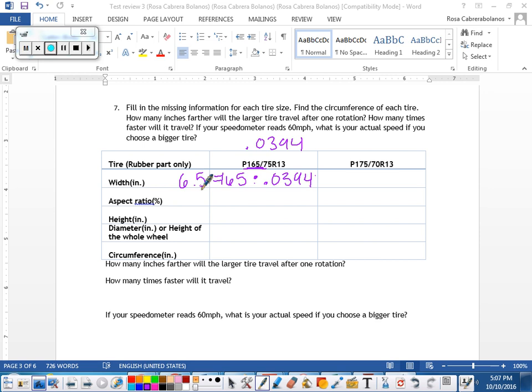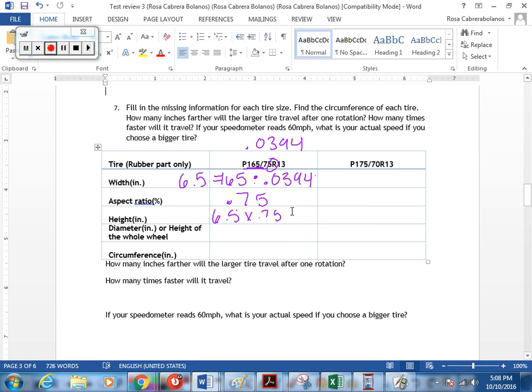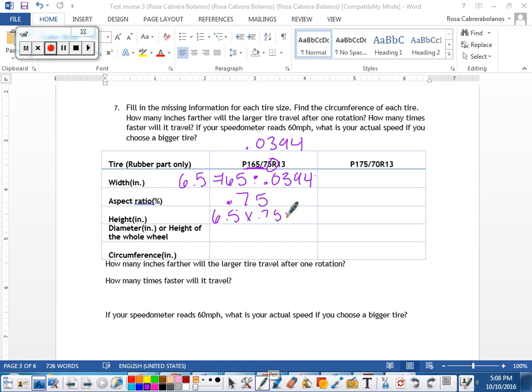And then the aspect ratio is 75, so I'm going to put 0.75. I'm going to multiply 6.5 times 0.75, and that gives me 4.8.